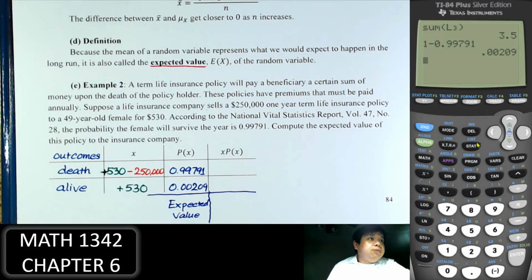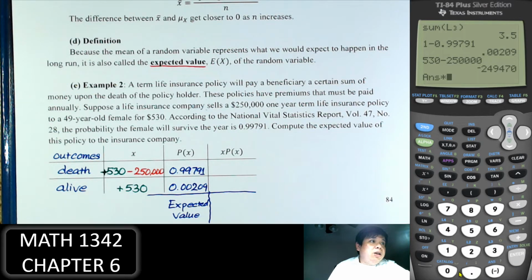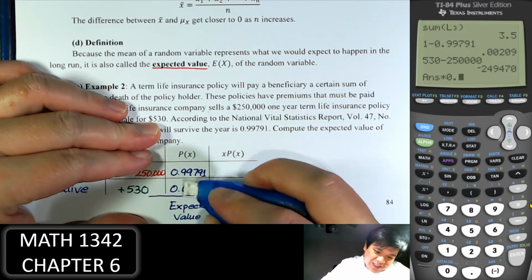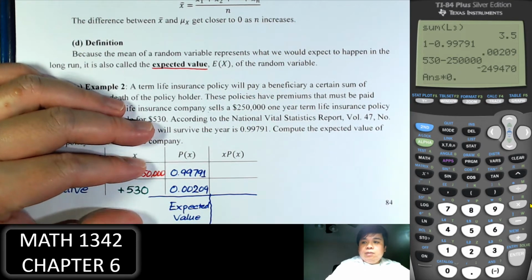Right, first I have negative 530. This is the negative sign, not subtract. 530, I'm sorry, gaining $530 regardless, but having to pay out $250,000. Right, with that, multiply by 0. I got them backward, did I? Sorry.